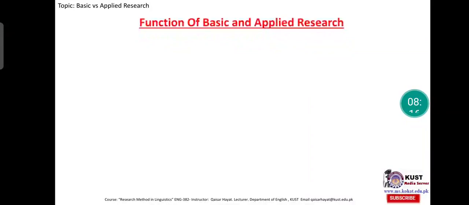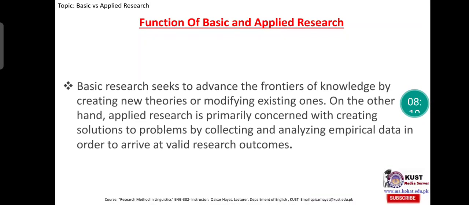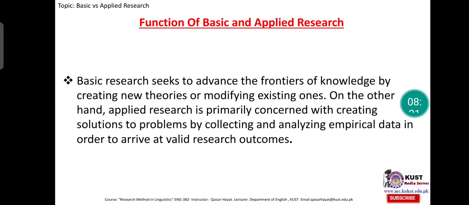Now, the function of basic and applied research. What is the function of these two types of research? Basic research seeks to advance the frontiers of knowledge by creating new theories or modifying existing ones.